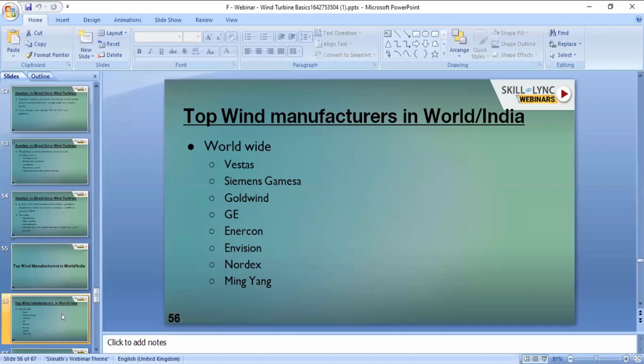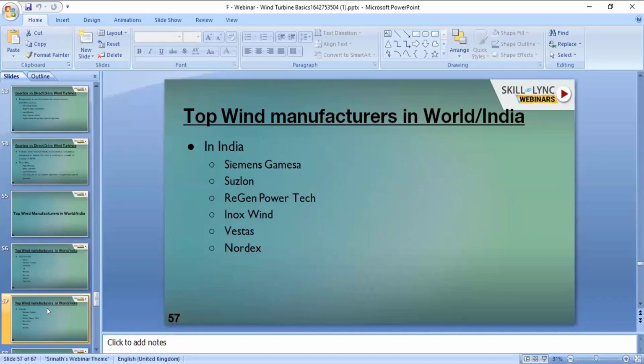So we are really proud that India, even though it is a small country, is a very well developed country. It is the fourth top country, having almost 40 gigawatts of installed power in solar as of today. Then the top wind manufacturing companies in India.